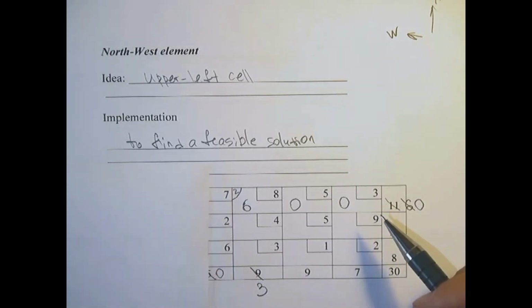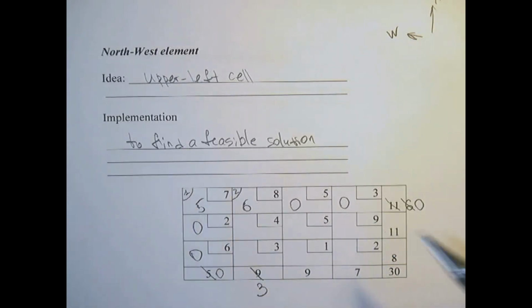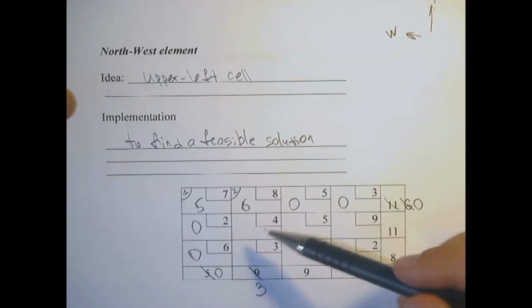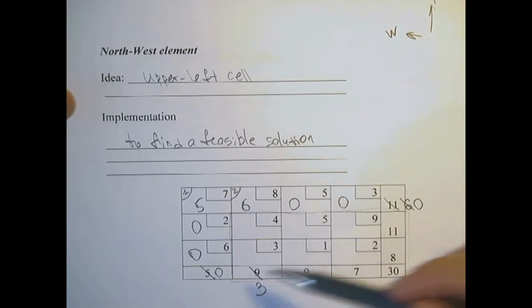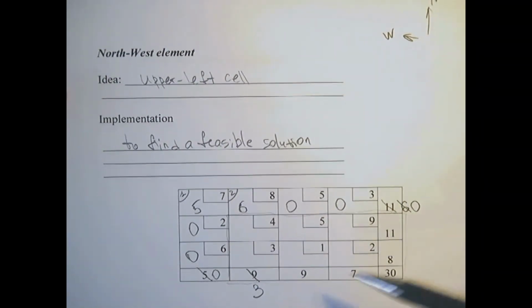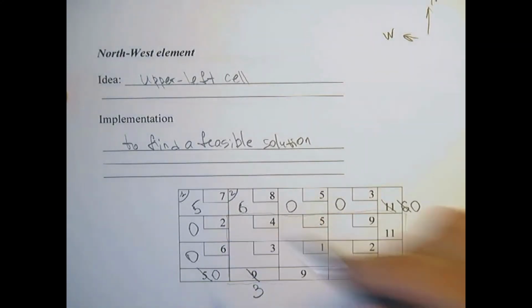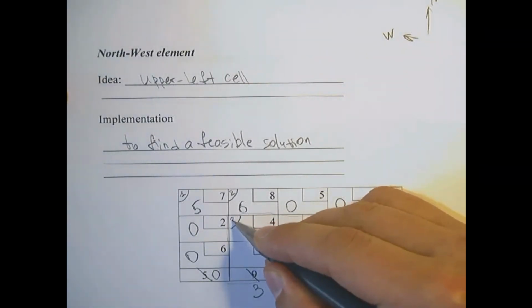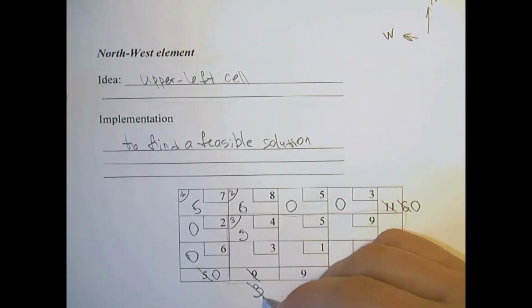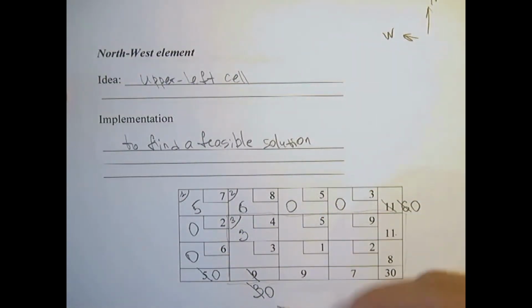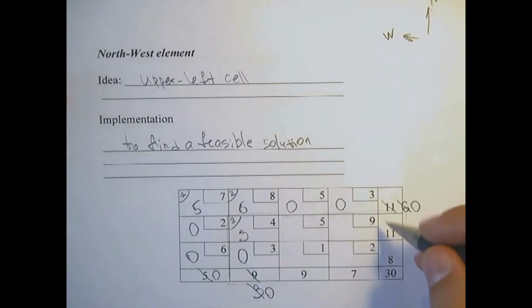In the same fashion, we see that the new table now consists only of this part of our table, and we continue with the same rule. What is the upper left cell here? The upper left cell here is this one, and it is the third step. We deliver once again the minimum from 11 and 3, the minimum is 3, our demand is corrected to 0, and 0 is here, so we do not need more chocolate, and 11 minus 3 is 8, which is the new supply volume.